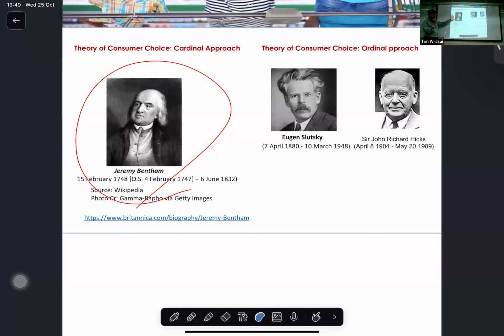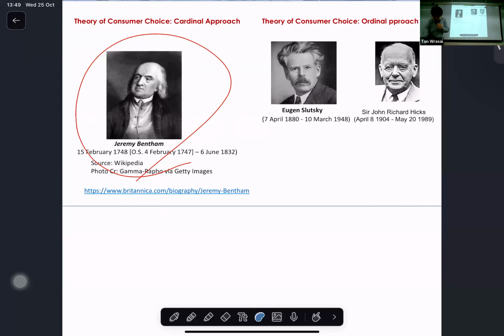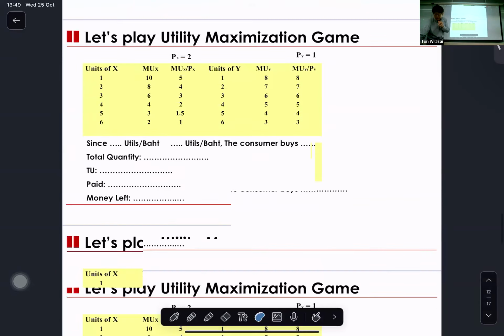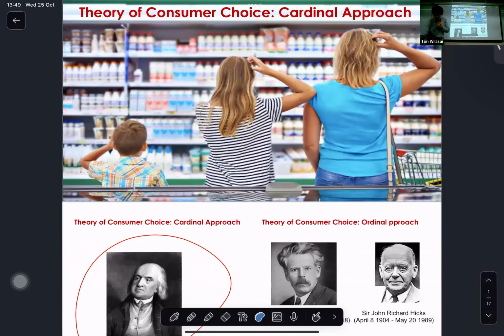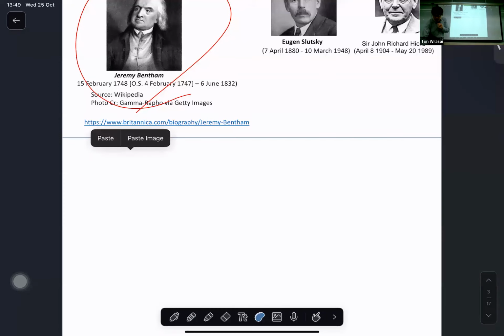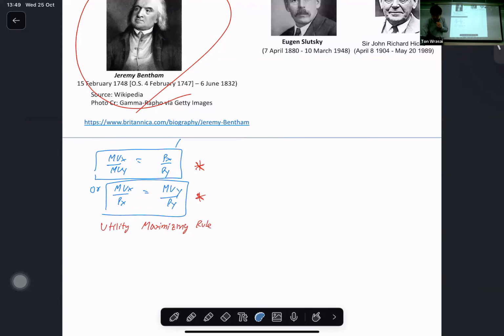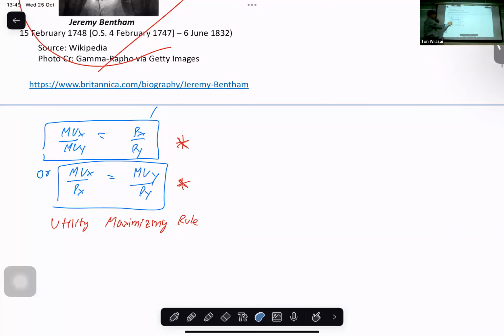That's by Jeremy Bentham. And after his work, which assumed that utility is measurable, we played this utility maximizing game. If you notice, at the end of the game, we found this conclusion on the utility maximizing rule.